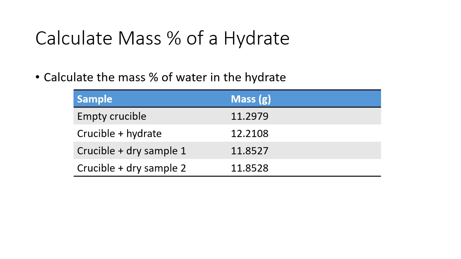Let's calculate the mass percent of a hydrate from a fictitious data set. Meaning, I made this up. All right, so we want to know what our mass percent of water is.